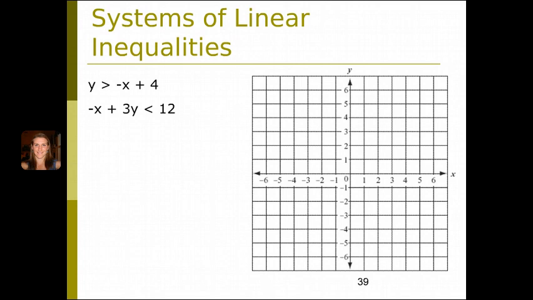Now we will graph this system of linear inequalities. For our first inequality, we see that y is already by itself, so this inequality is solved for y. However, the second one is not solved for y. In order to solve for y, I'm going to use an inverse operation here and add x to both sides.